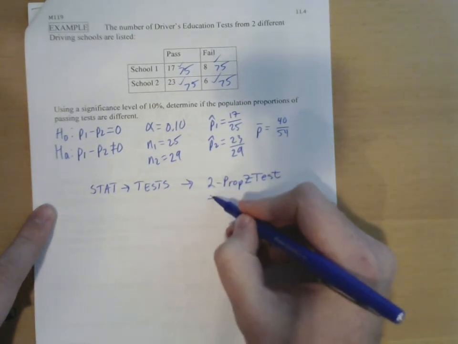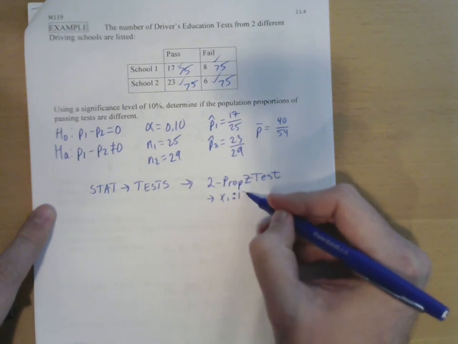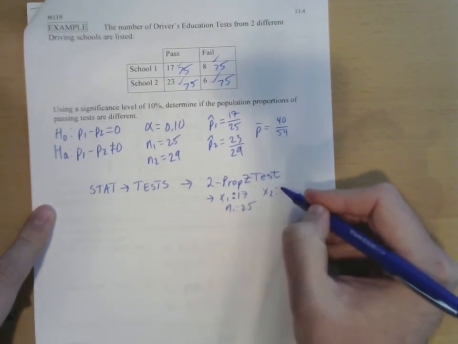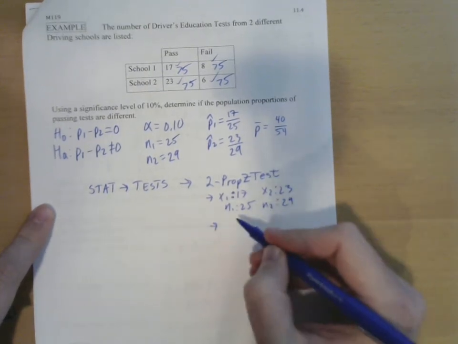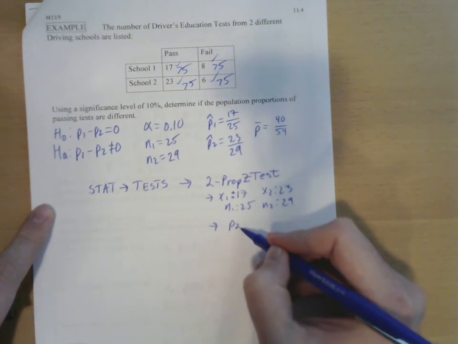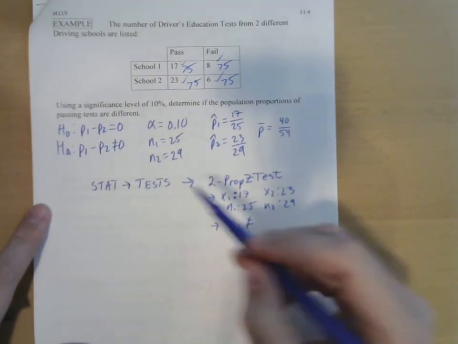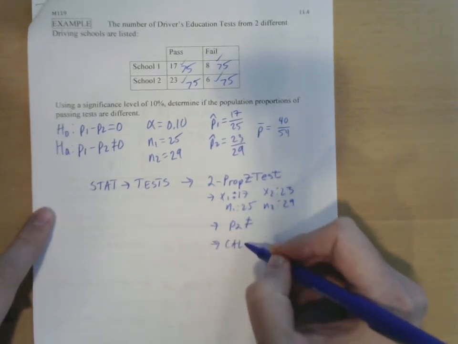So we want to make sure that we enter our info, x1 being 17, n1 being 25, x2 being 23, and n2 being 29. Make sure that you select the p1 is not equal to p2 option, because that's what it would be if we move this over. So make sure you pick the not equal to, and then hit calculate.